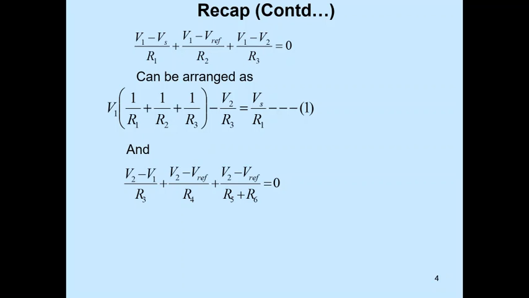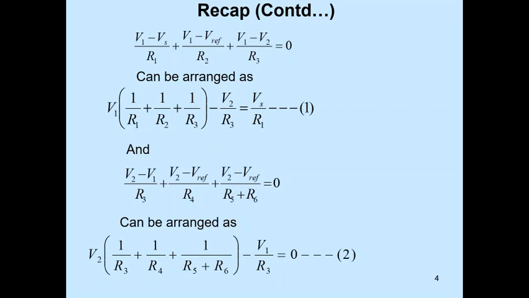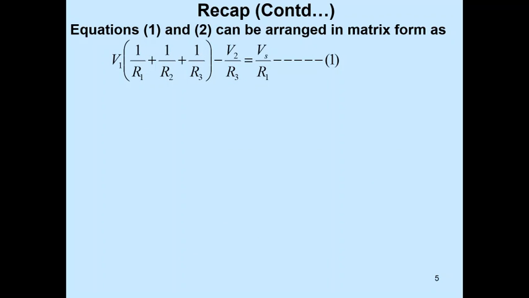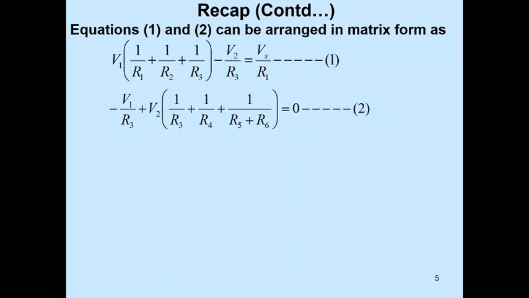Similarly, the second node voltage equation is V2 into (1 by R3 plus 1 by R4 plus 1 by (R5 plus R6)) minus V1 by R3 is equal to 0. In this way, we got equation 1 and equation 2.